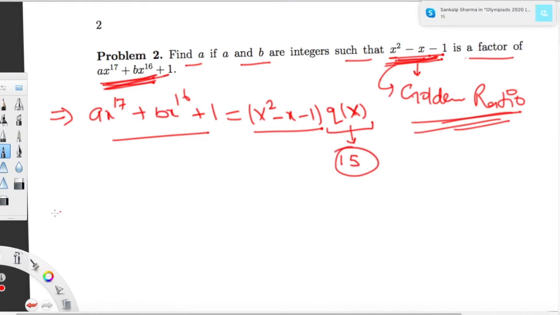So I can assume a 15-degree polynomial. And notice one thing, the constant term here is 1.